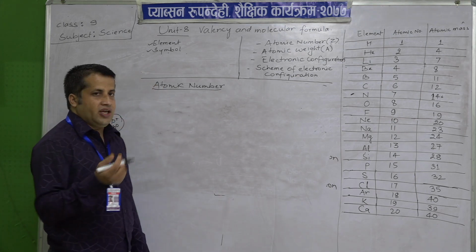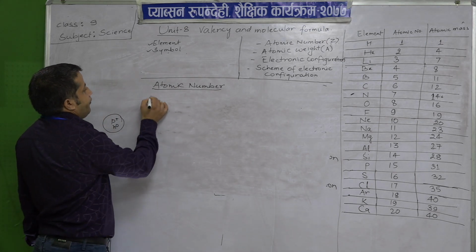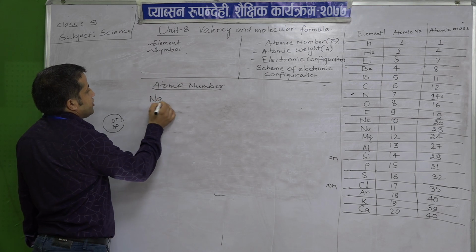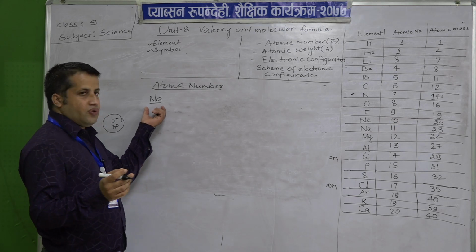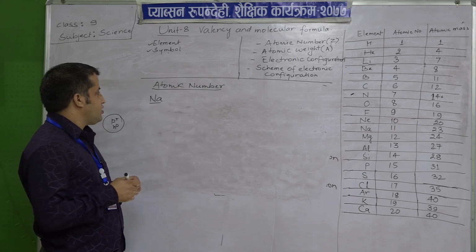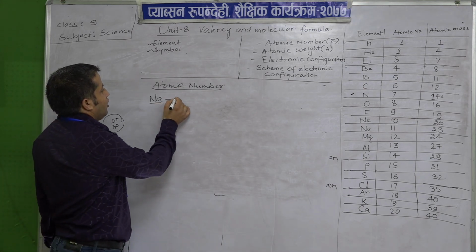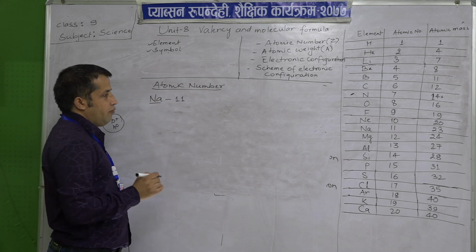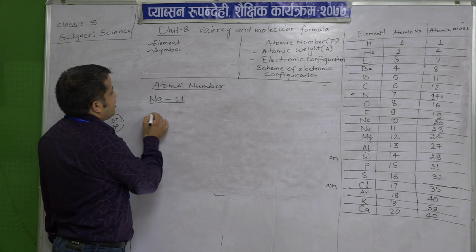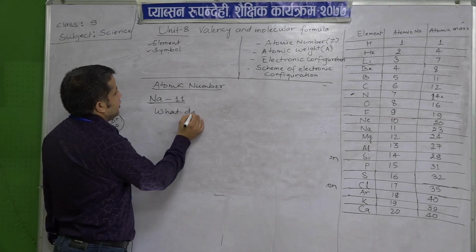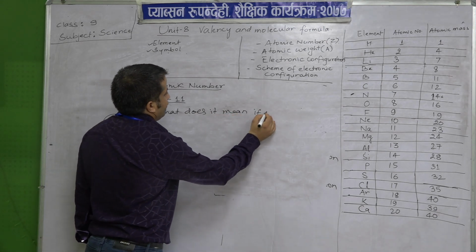Suppose we take the element sodium. Okay. We have already studied that sodium is represented by Na. Its Latin name is natrium, and sodium has atomic number 11. What is the atomic number of sodium? 11. So, what does it mean?